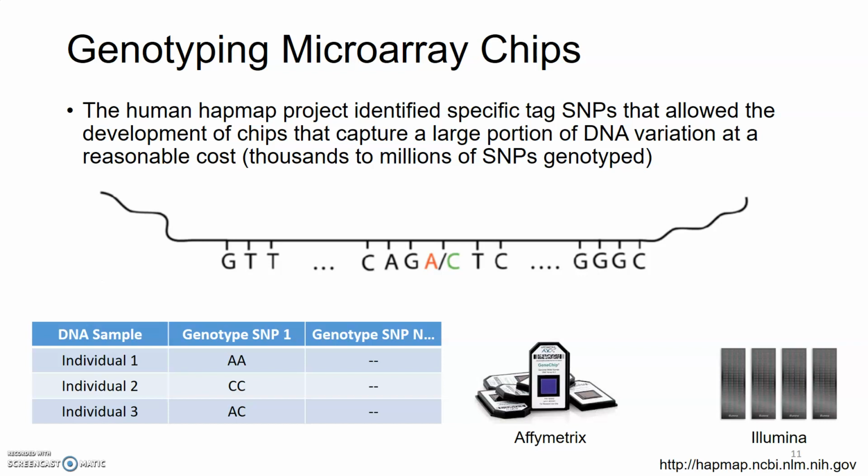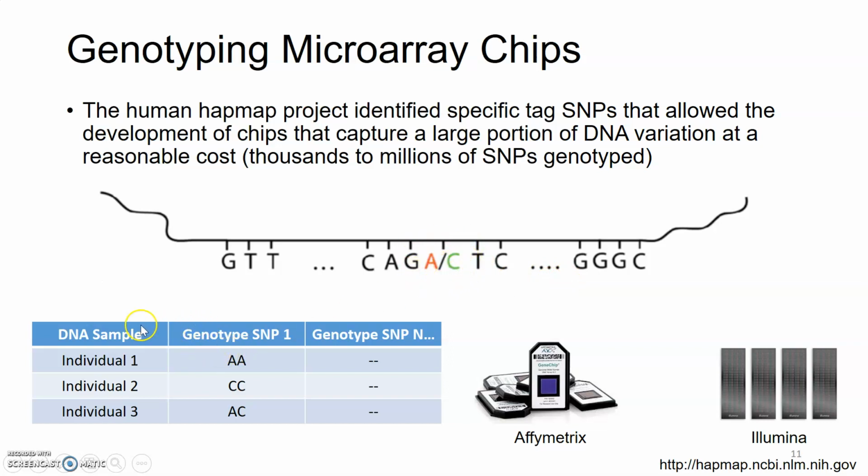This is an extremely high throughput method, so we can do thousands of samples very quickly, measuring the single nucleotide variants in those samples. For example, we see here our genetic material, and we see an A to C SNP here.